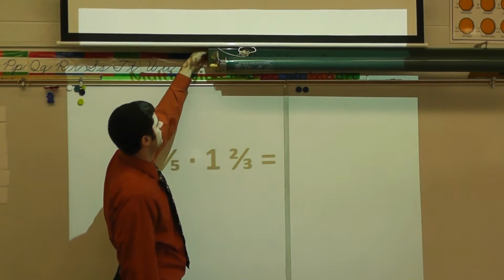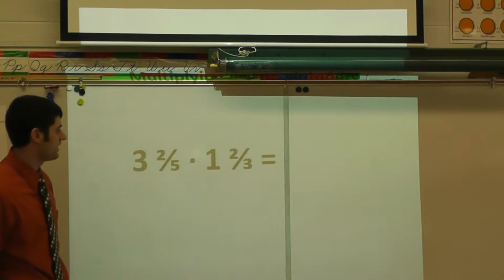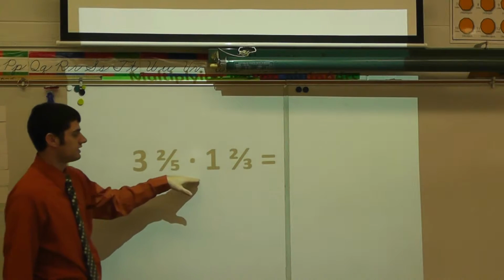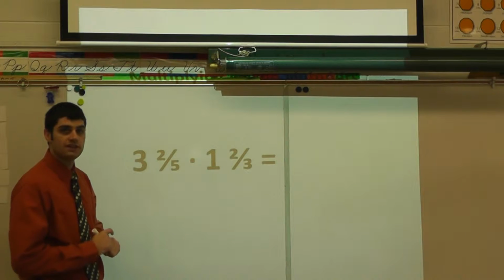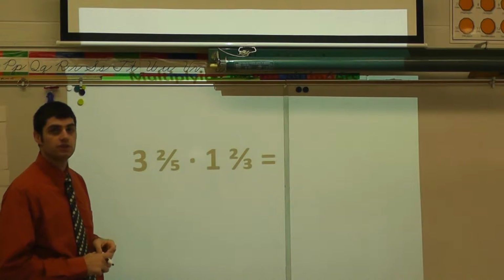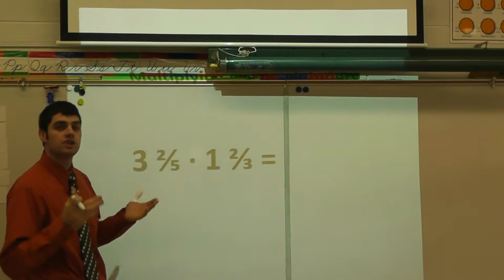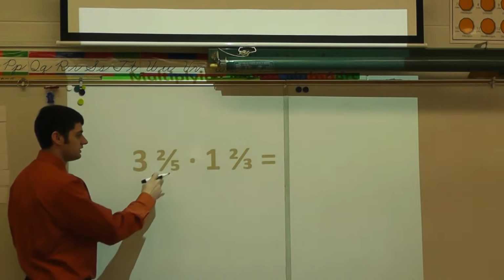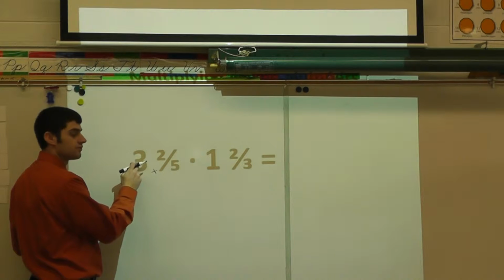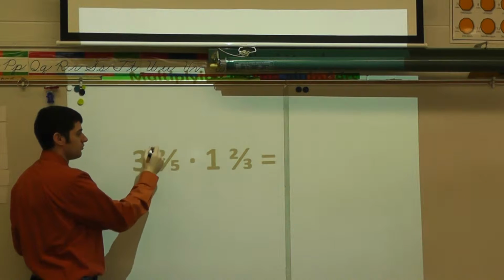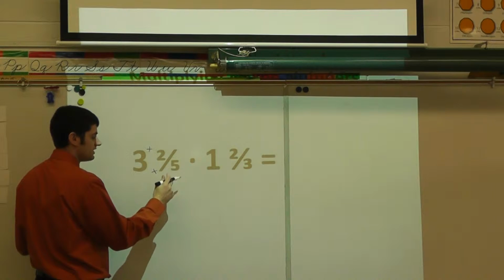In our first example problem, we have 3 2/5 times 1 2/3. As I look in this problem, step 1 said that we needed to turn these into improper fractions. Some of you call this the backward C. To turn this into an improper fraction, I must do 5 times 3, which is 15, plus a 2, which gives me 17.